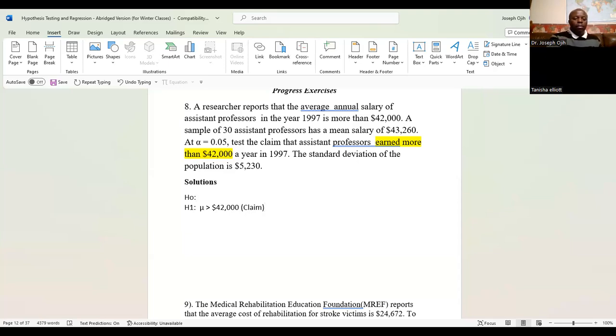Now, I will say the exact opposite, which is that the mean is less than 42,000. But you cannot use less than in the null hypothesis. You can only use less than or equal to. So you're going to have that the mean is less than or equal to 42,000.